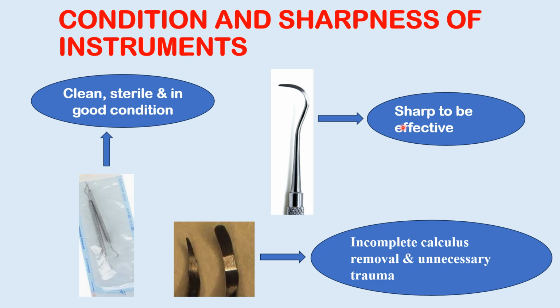Also, sharpness helps the clinician to work more precisely and efficiently by increasing tactile sensitivity. If the instrument is dull, whenever the clinician uses it, there will be unnecessary trauma and also incomplete calculus removal.